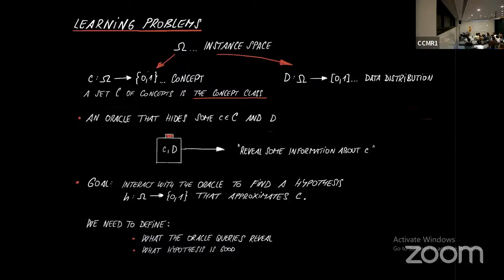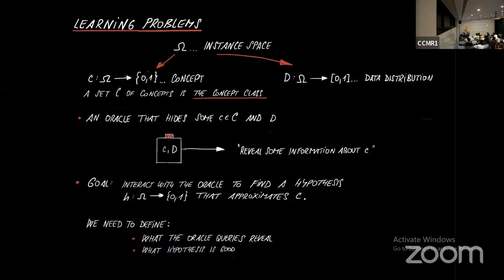If you press the button, it will tell you some information about the concept. The way it tells you the information may actually depend on some unknown data distribution as well. The data distribution is just a distribution over the instance space. And your goal as a learner is going to be to interact with the oracle and formulate a hypothesis H that approximates the hidden concept.